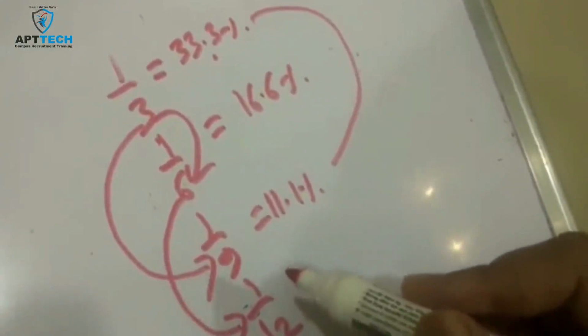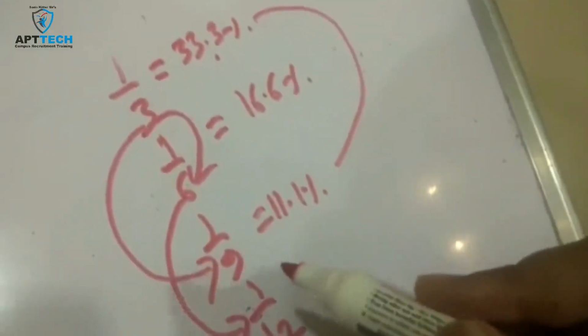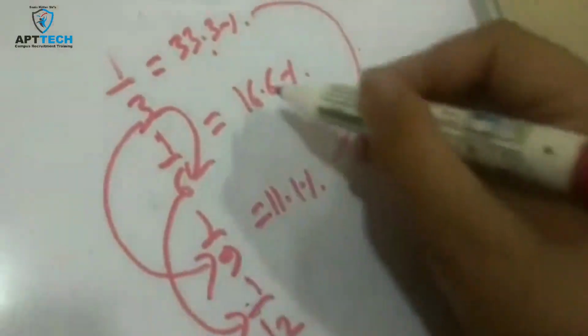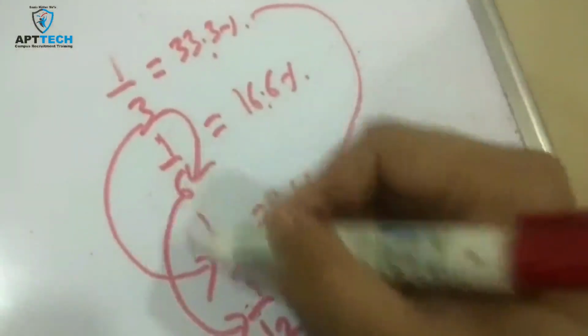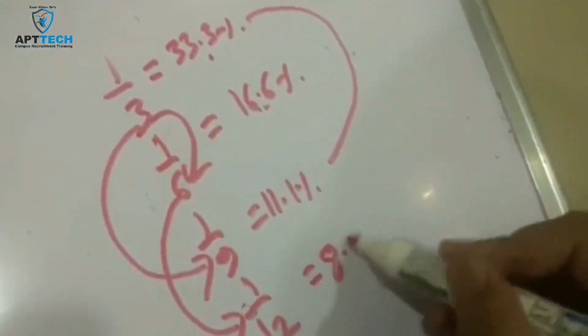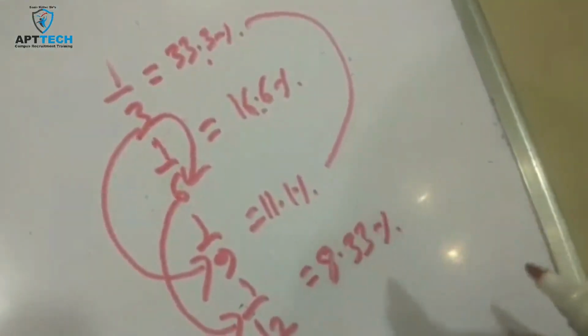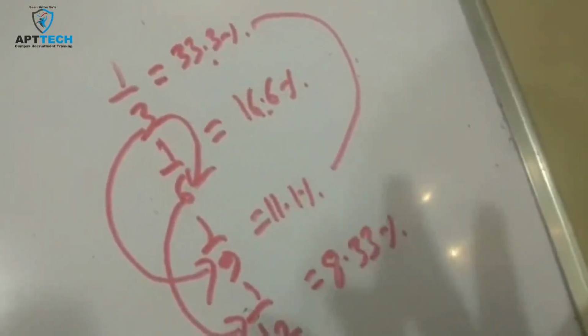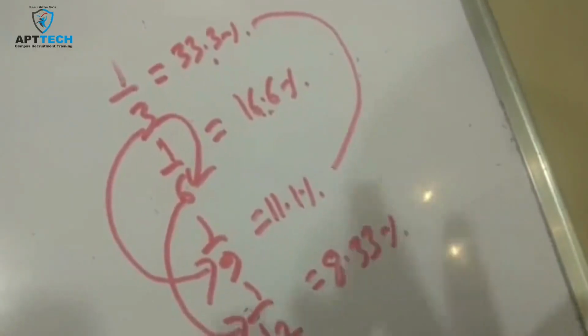If the denominator is double, the value is half; if the denominator is triple, the value is one third. So if this is becoming double, this will be half, and half of this value will be 8.33%. So you must screenshot now and remember the values. Now we'll be talking about some logical correlation.